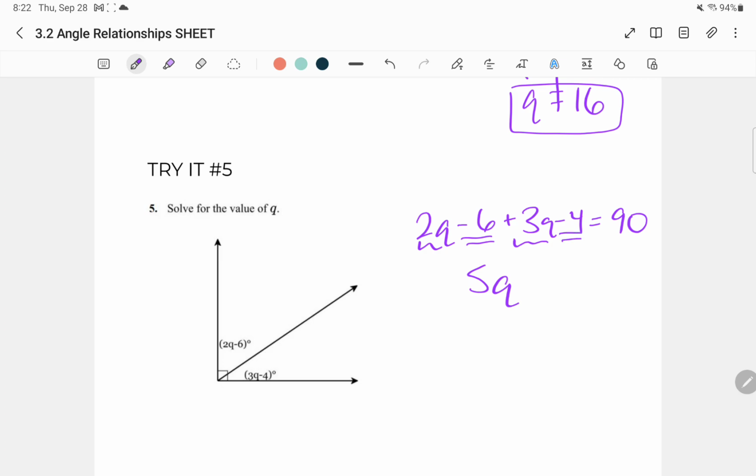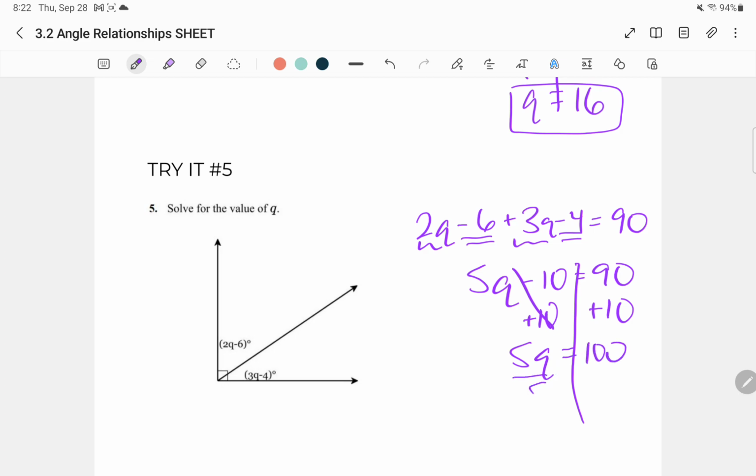Negative 6 minus 4 is negative 10. Then I draw my line. I'm going to add 10 to both sides to get 5q is equal to 100 and divide both sides by 5. 100 divided by 5 is 20. So q is equal to 20.